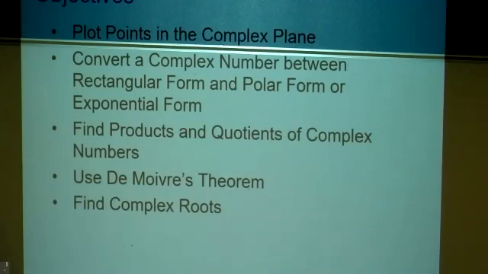Convert complex numbers between rectangular form and polar form or exponential form. Find products and quotients of complex numbers. That's easy to do. And use de Moivre's theorem. To use it, first they're going to tell you what it is, and then finding complex roots. That's the easy part.